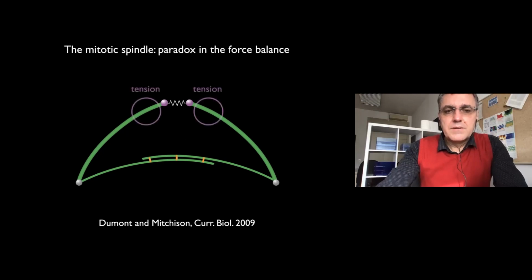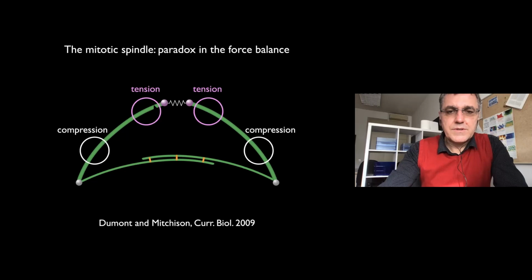And Eva already mentioned that there is this paradox that has been in the field for a while: close to the kinetochores, these kinetochore fibers are under tension, whereas here these microtubules are under compression. This brings us to a paradox, because an object cannot be at the same time under compression and under tension.